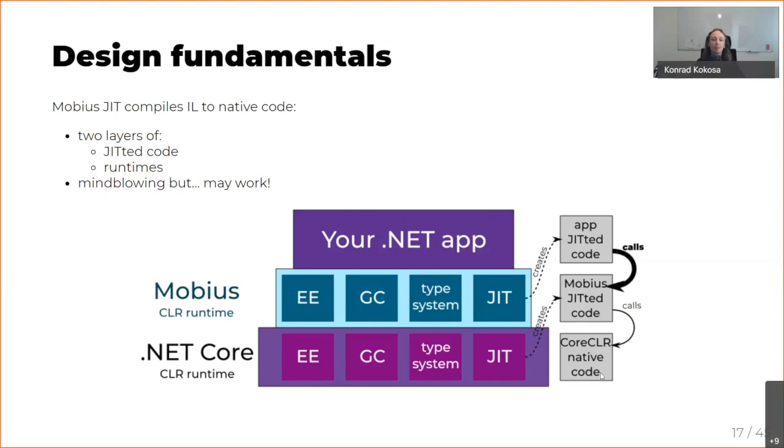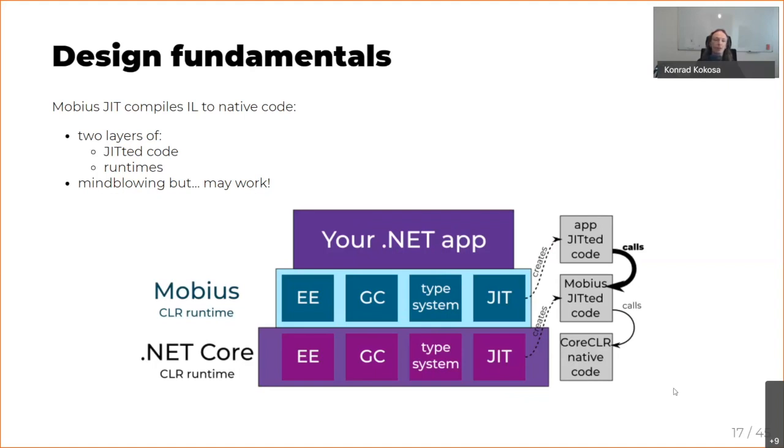So it makes sense. For sure it will not be as fast as a regular .NET application running on regular .NET Core, but the difference doesn't have to be so big that it will not make any sense to run anything on it. And also remember, it is all for experiments and research.